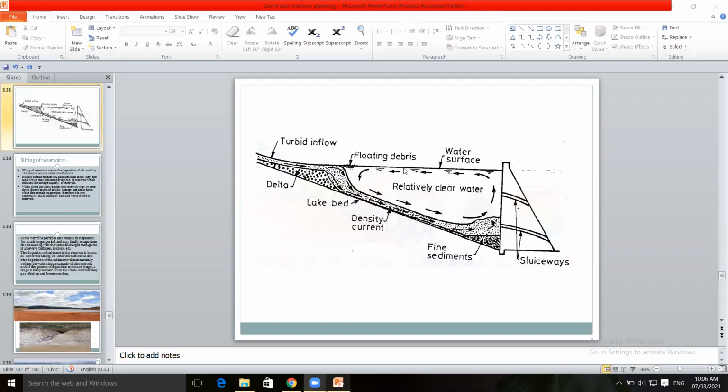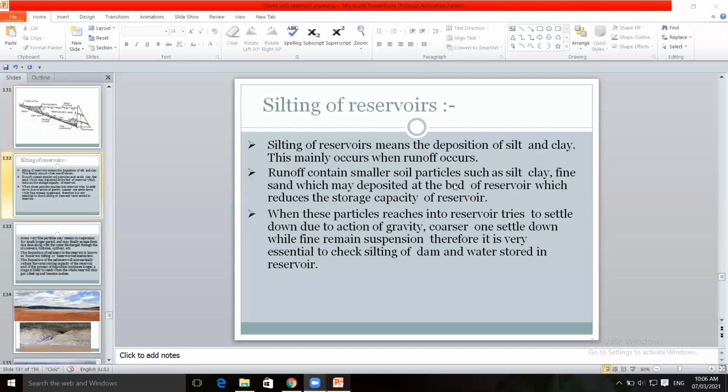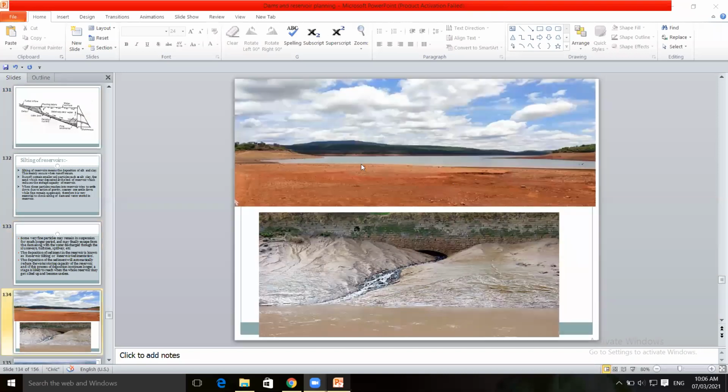This is an image of the process of sedimentation or silting in the reservoir. These are the images of silting of reservoir. See this image, the silting process will be like this: the accumulation of the silt and clay at the bed of the reservoir. This is a dam.